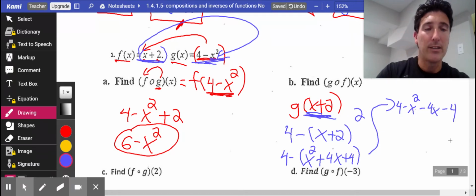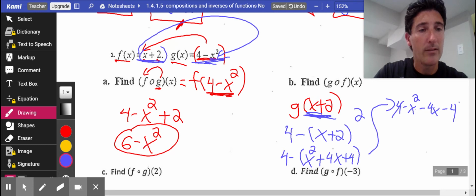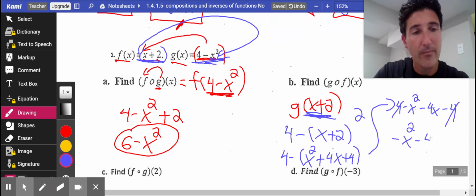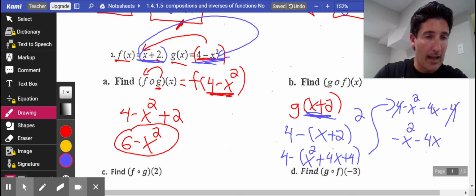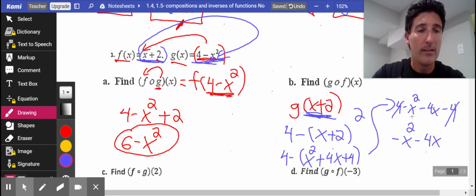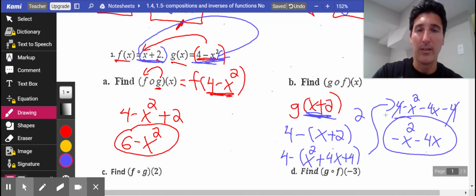Then you combine like terms, and the 4's cancel out. So you're left with negative x squared minus 4x. You could factor out an x, but no need. You can just leave it like that because you can't combine any like terms.